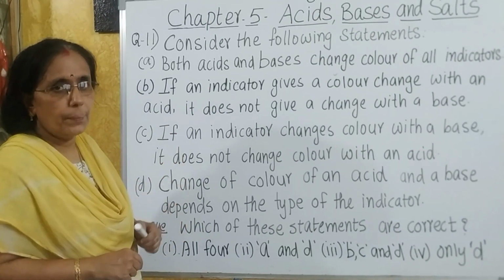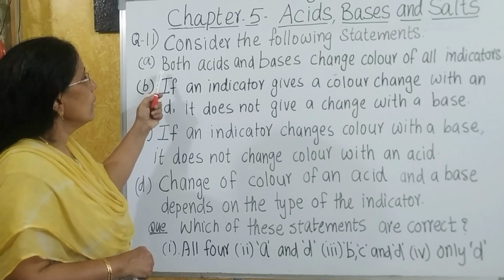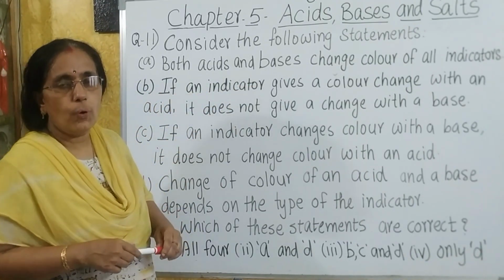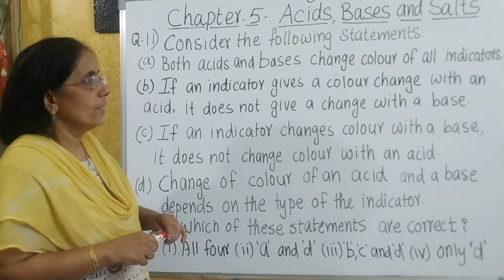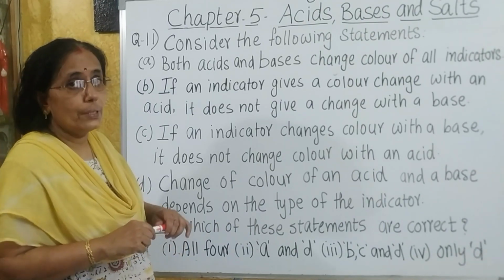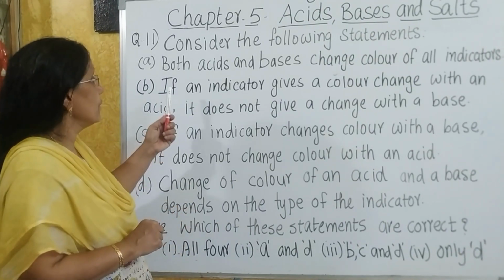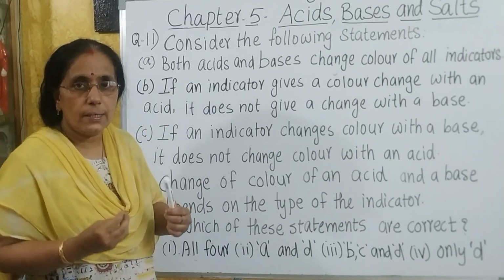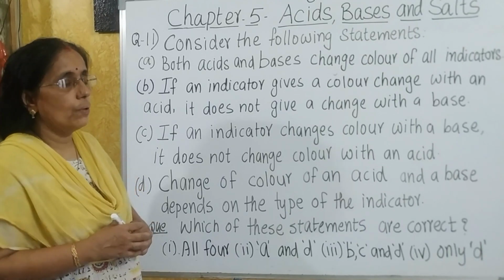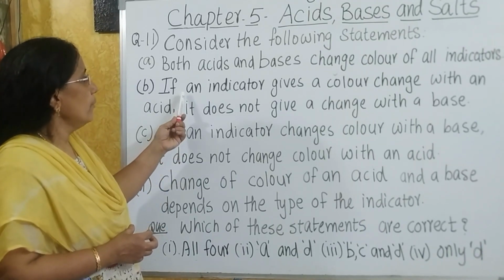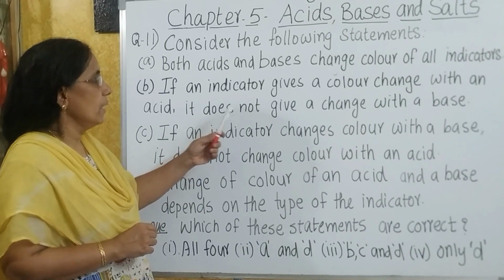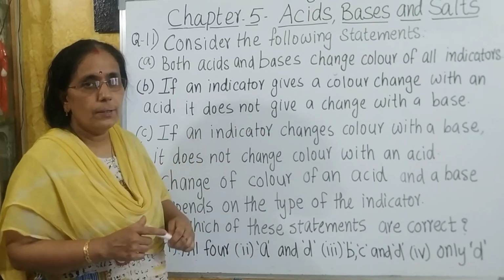Let us see one by one. First one, both acids and bases change the color of all indicators. Is it true? No, it is not a true statement, because some indicators do not give any color change with acids or bases. If an indicator gives a color change with an acid, it does not give a change with a base.